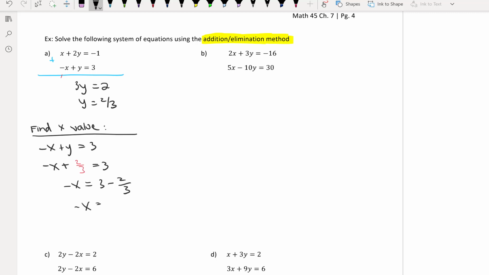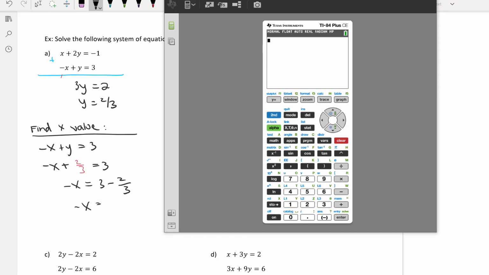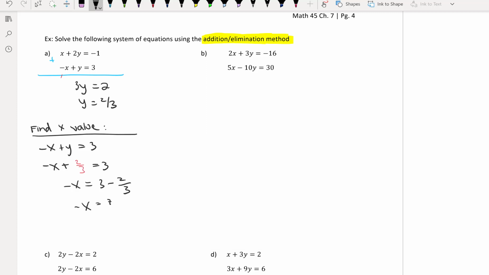And if you're uneasy about fractions and addition and subtraction, you're more than welcome to use a calculator. So 3 minus my fraction of 2/3. Now I'm going to get 7/3. So negative x is equal to 7/3. So we never want that negative out in front.